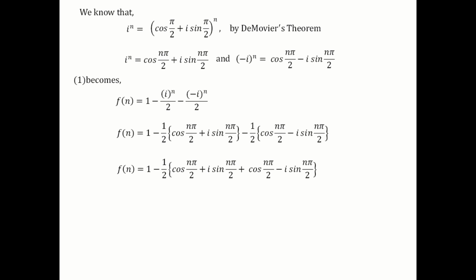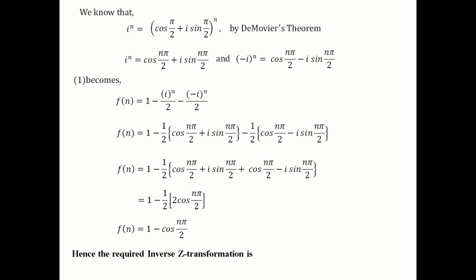Taking -1/2 outside, cos n pi/2 + i sin n pi/2 + cos n pi/2 - i sin n pi/2. So plus i sin n pi/2 minus i sin n pi/2 get cancelled. So you will get 1 minus 1/2 into 2 cos n pi/2. 2 and 2 get cancelled. So you will get 1 minus cos n pi/2, which is to be proved.